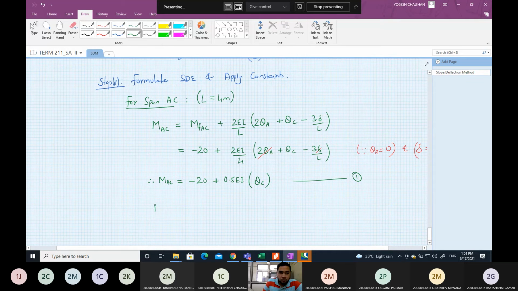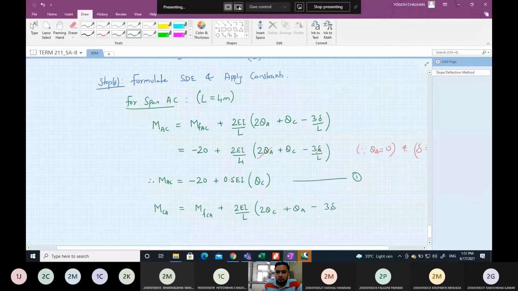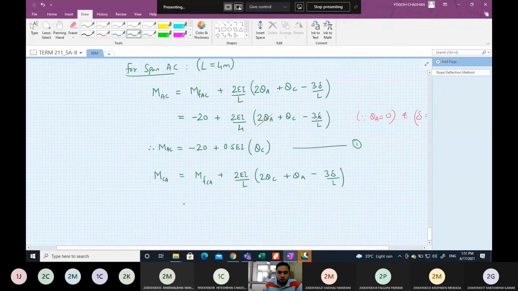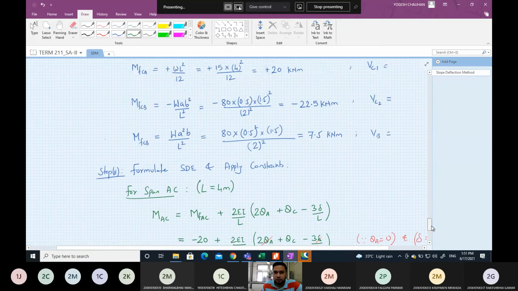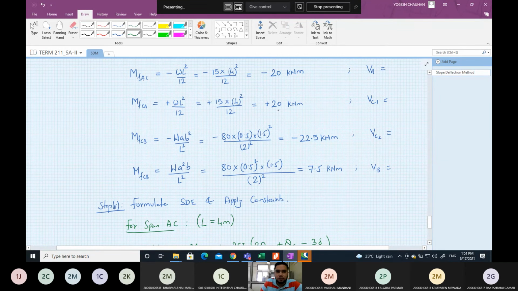Similarly, MCA will be MFCA plus 2EI by L, 2 theta C plus theta A minus 3 delta by L. So what is MFCA? It is plus 20.